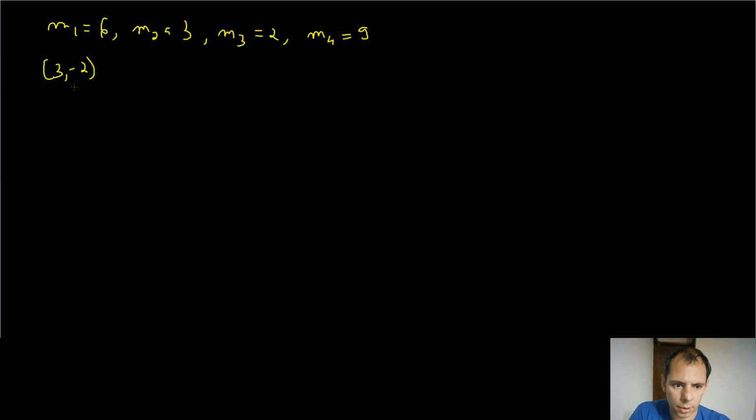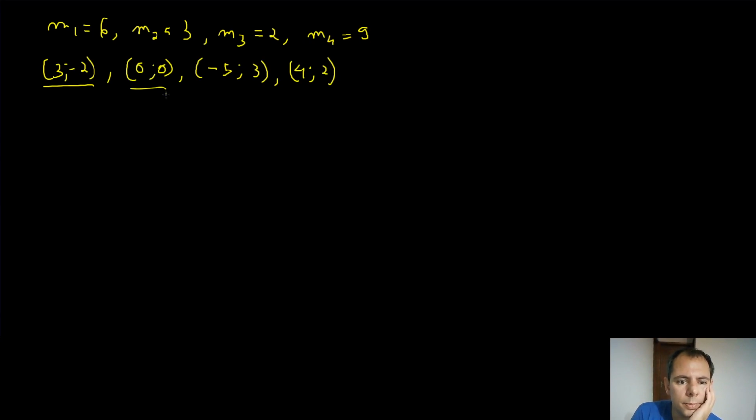The next one is (0; 0). The next coordinate is (minus 5; 3), and the next one is (4; 2). So this is where mass 1 is, mass 2, mass 3.